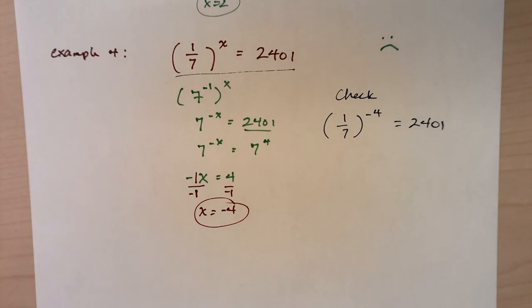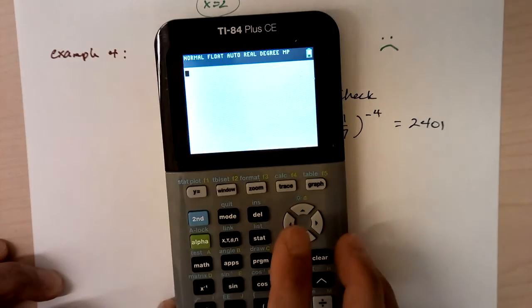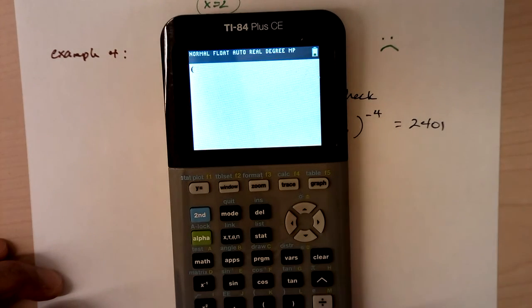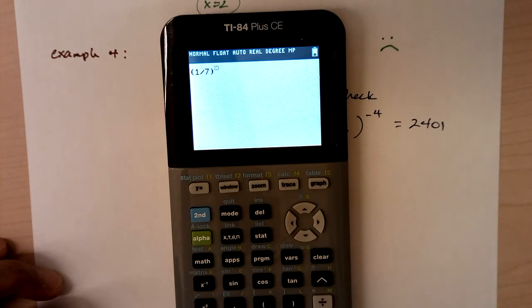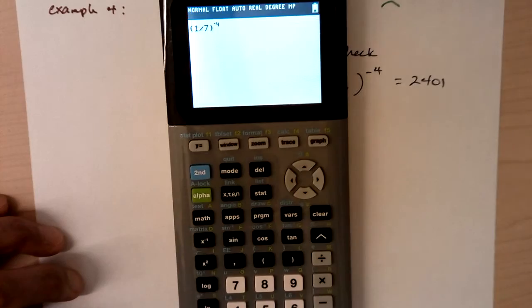Okay, but here's what I'm going to do. Just show you on my calculator how we can check that. If I'm checking it on my calculator here, I'm going to take in parentheses 1/7, so 1 divided by 7. Use my exponent. I could use a negative exponent, to the negative 4th power. If you're using a negative exponent, let me zoom out so I can show you here.